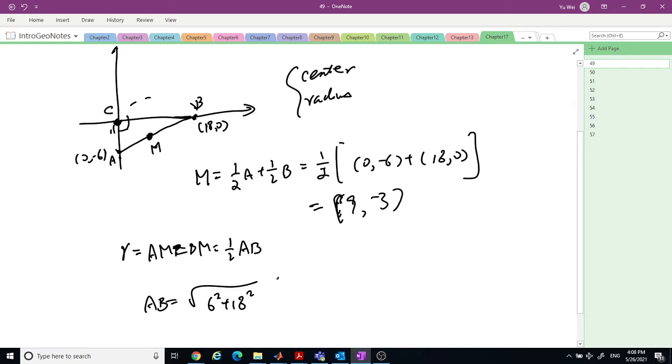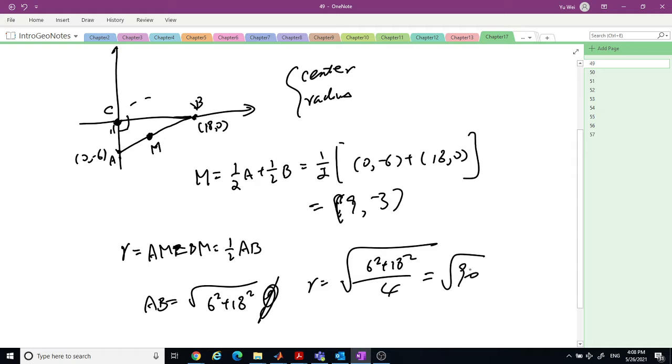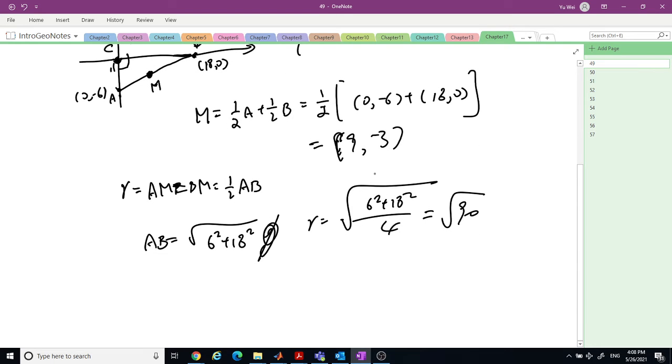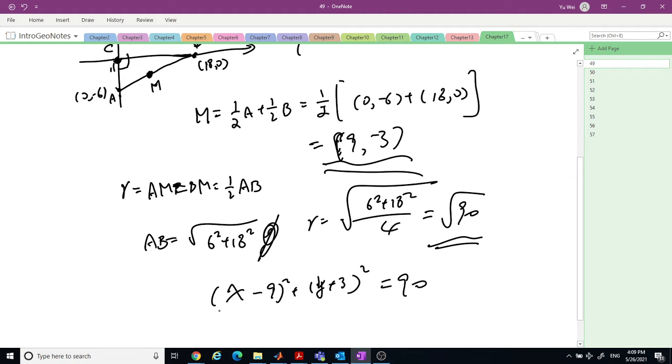Divided by 2, the radius will be the square root of 6 squared plus 18 squared, divided by 4, which is equal to the square root of 90. So we know the center and we know the radius. The circle is (x minus 9) squared plus (y plus 3) squared equal to 90.